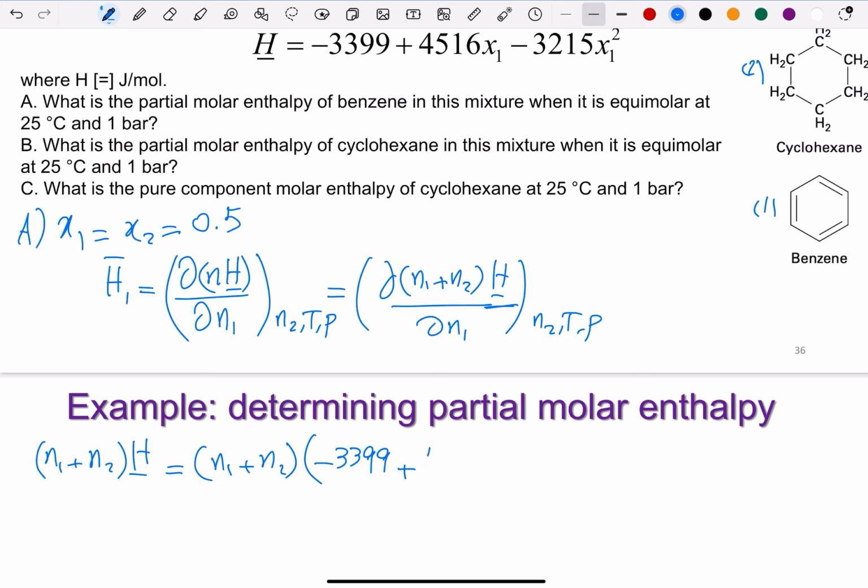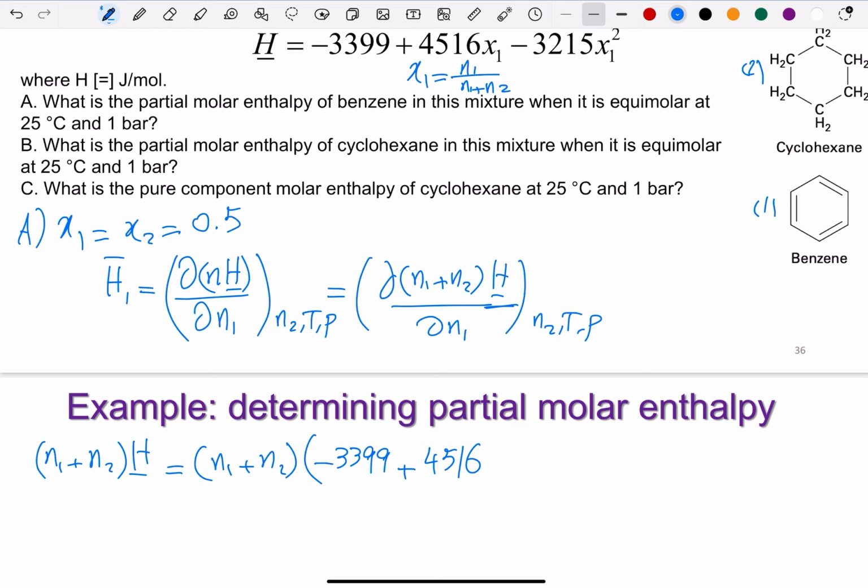3399 plus 4516. Instead of x1, I'm going to write it in terms of N1 and N2. So how can you write x1 in terms of N1 and N2? x1 is the mole fraction of component 1. When you have N1 moles of component 1 and N2 moles of component 2, it is N1 divided by N1 plus N2, right?